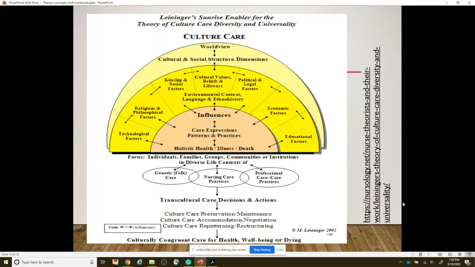So she actually starts with a metaparadigm, if you think of it, and takes it down to the cultural and structural social dimensions, all the way down to the individual level in that center of the model, as well as beneath it with the families, the individuals, the groups. It starts from very broad and takes it down to individual.